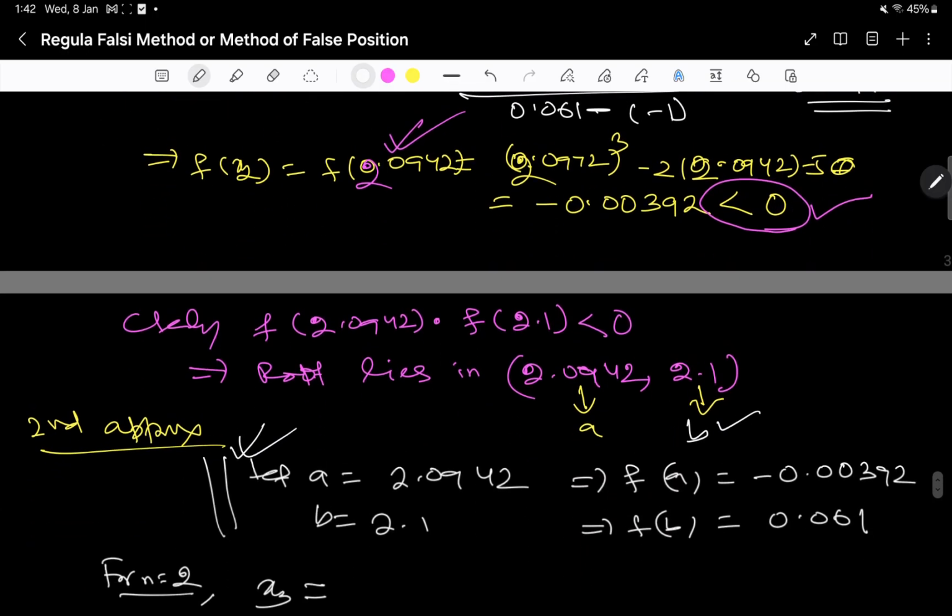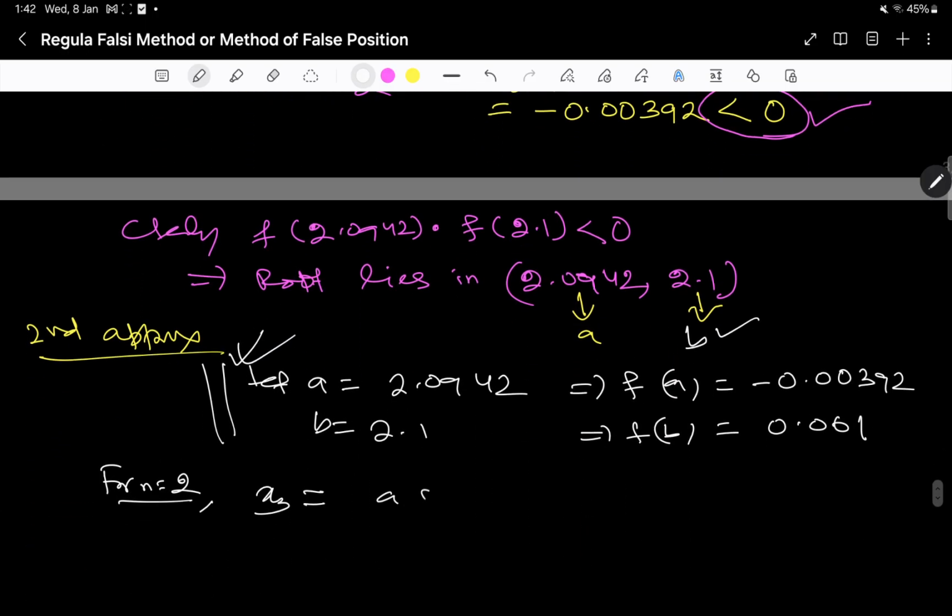the same formula, (a f(b) minus b f(a)) by (f(b) minus f(a)). The only thing is we have to adjust a and b in each step.